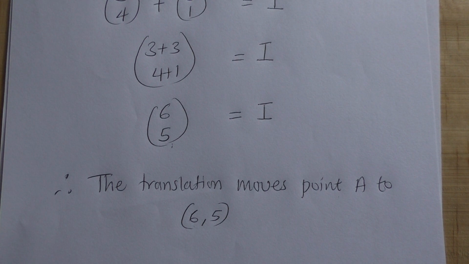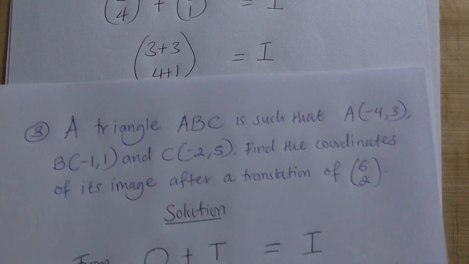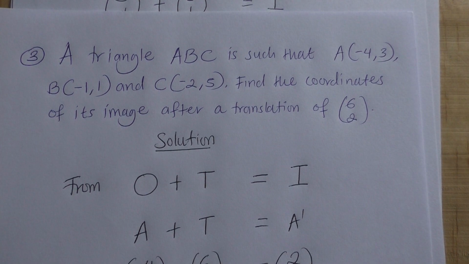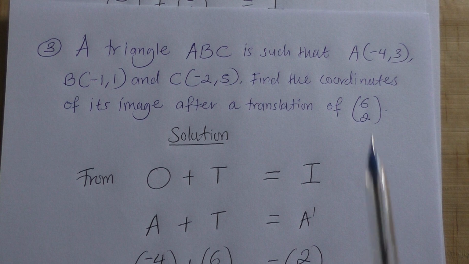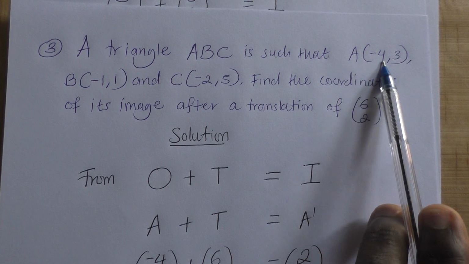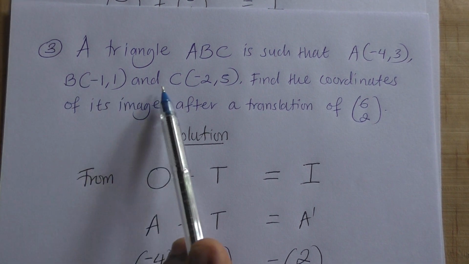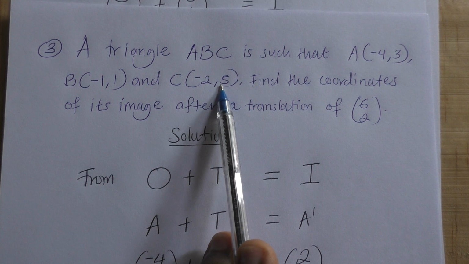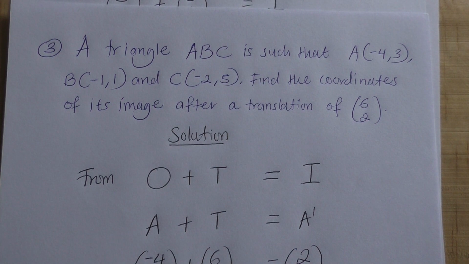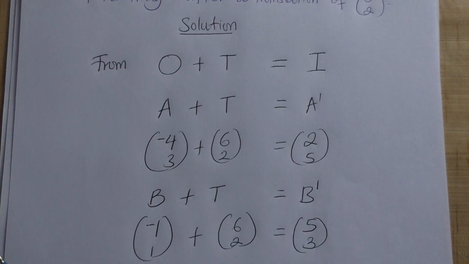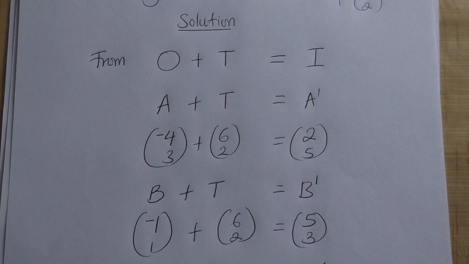Let us look at example 3. In example 3, we are told that a triangle ABC is such that A is negative 4, 3, B is negative 1, 1, and C is negative 2, 5. Hence, we are meant to find the coordinates of its image after a translation of 6, 2. Similarly, as we've been doing the rest, we shall also do this the same way.